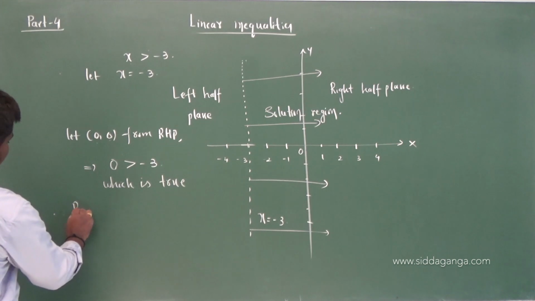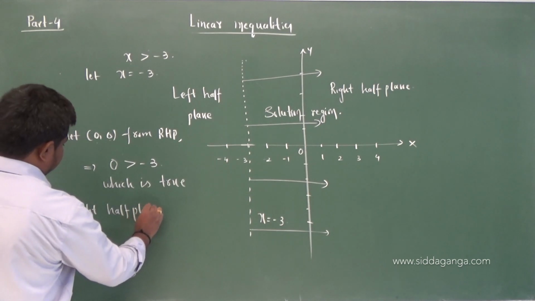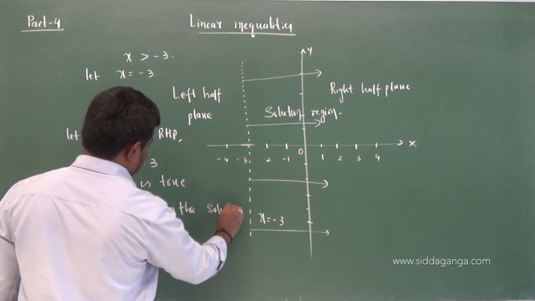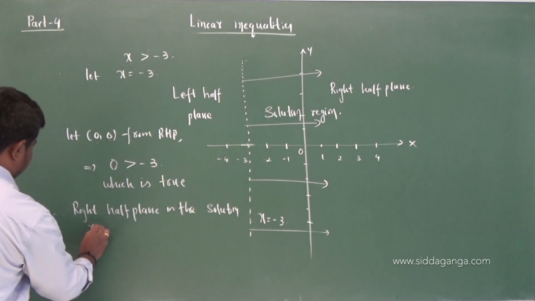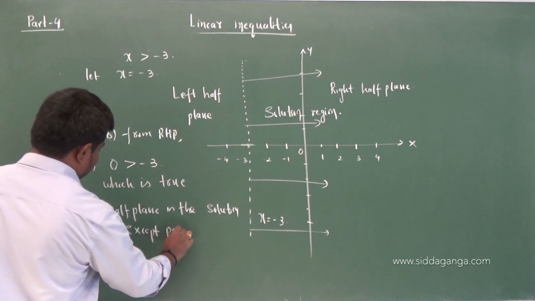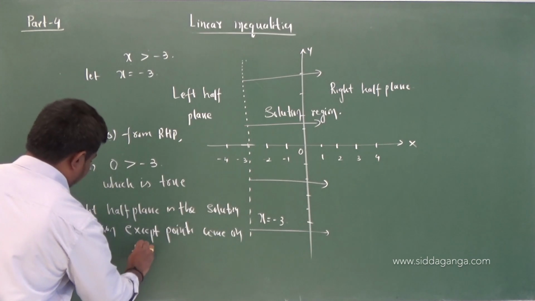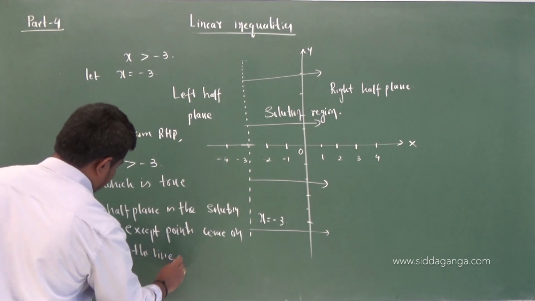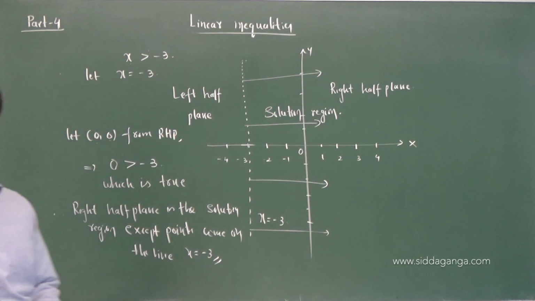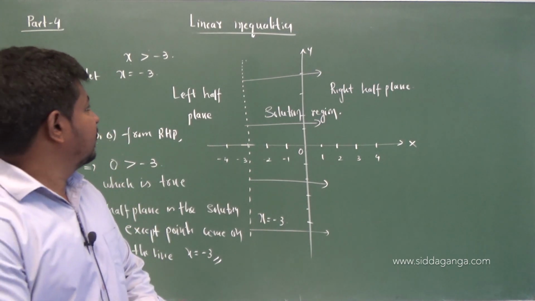Therefore, the right half plane is the solution region, except points on the line x equal to minus 3. This is how we find the solution region for an inequality x greater than a constant.